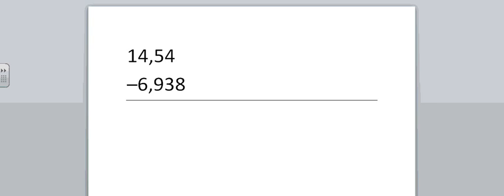I wish I could write on this. I can't, though. So my 0 becomes a 10, which then becomes a 9, so that I can give it to my 4, if that makes any sense. And then, because my 0 can't get anything across, my 5 has to become a 4.